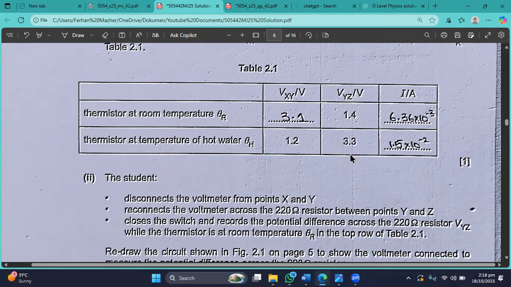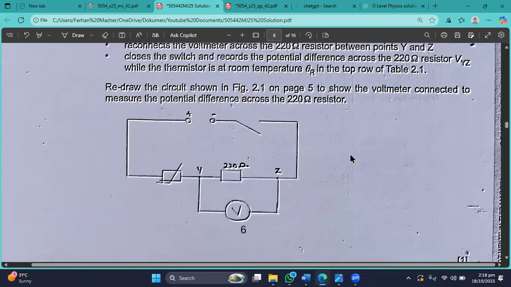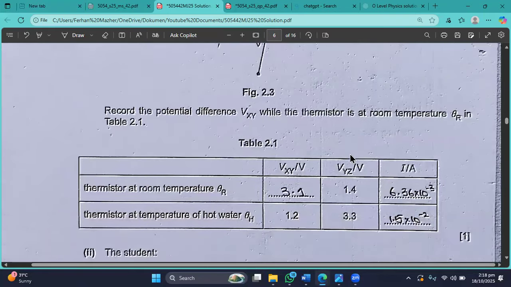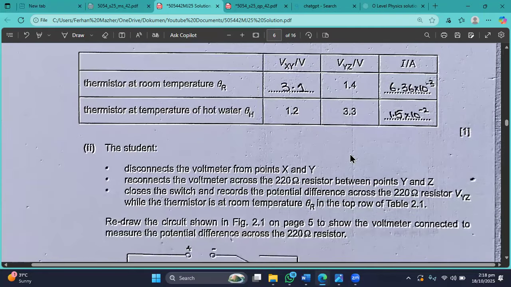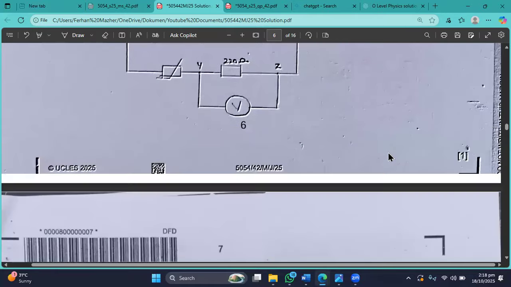The formula is voltage divided by resistance, so 3.3 divided by 220 is 1.5 × 10^-2 ampere.